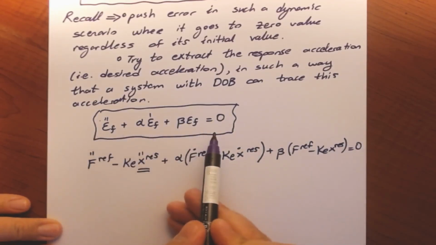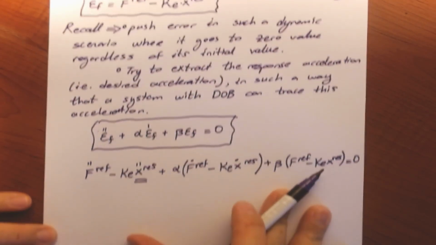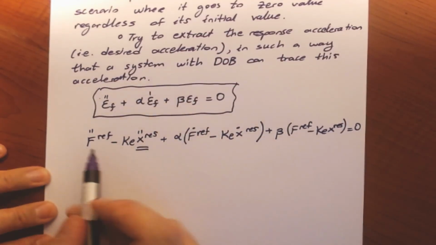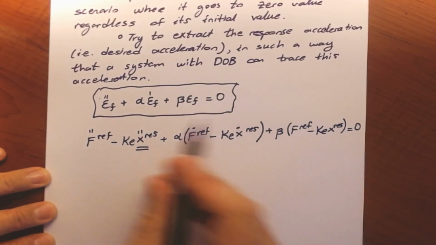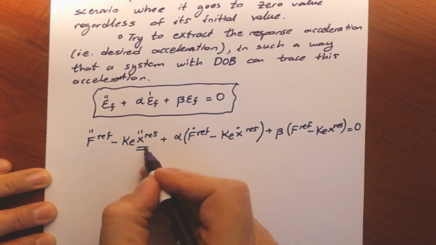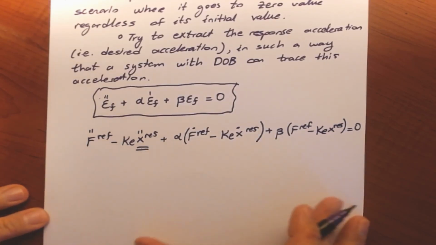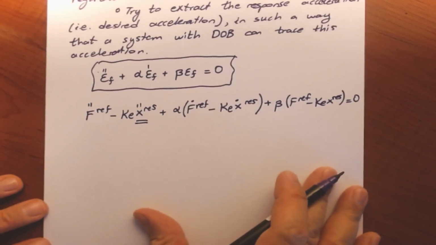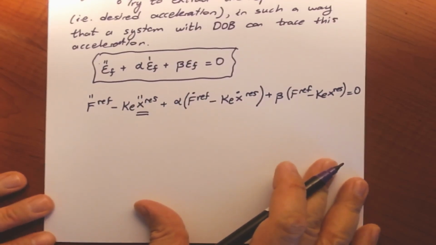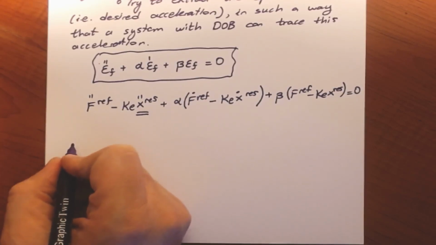The second order dynamics applied on the force error will yield that equation. Extracting the response acceleration from this equation and writing it down as the desired acceleration for a system with disturbance observer would yield the force control algorithm, the mathematical algorithm for force control.